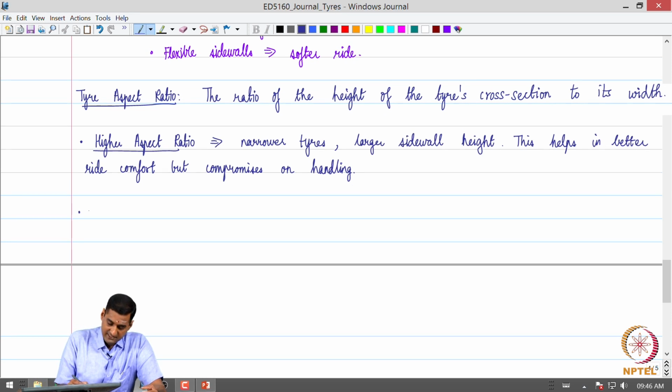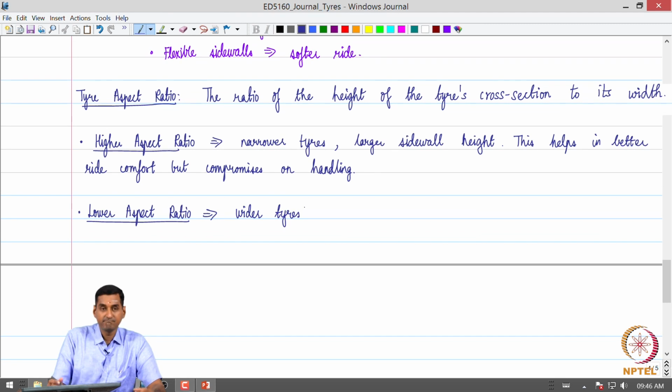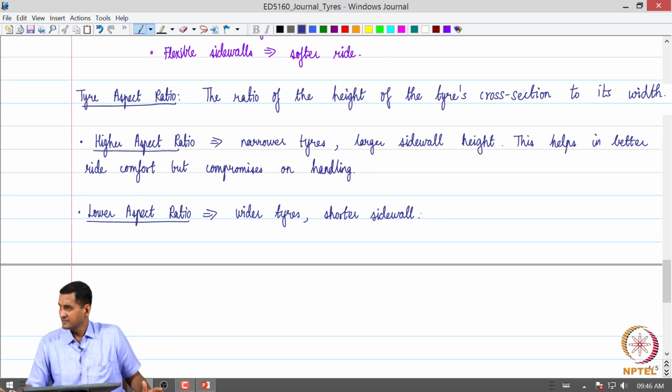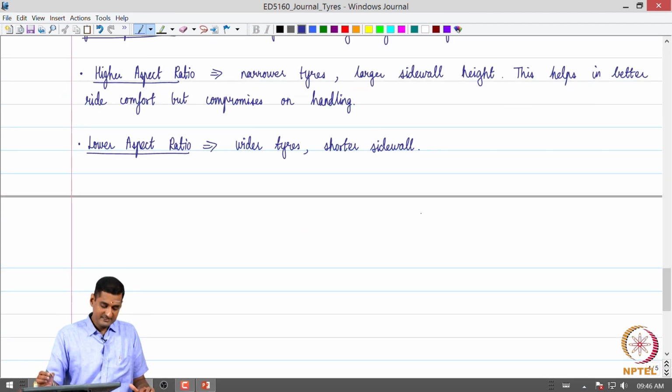Conversely, if we have a lower aspect ratio, that implies that we have wider tires. Relatively the tire width is going to be high, and of course the tire height is going to be smaller. So, we are going to have shorter sidewalls, relatively. What will this result in? This results in better cornering performance, we get better grip.